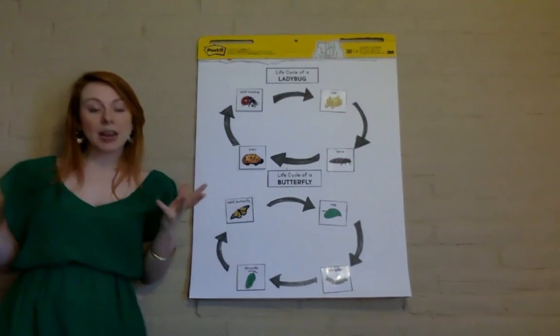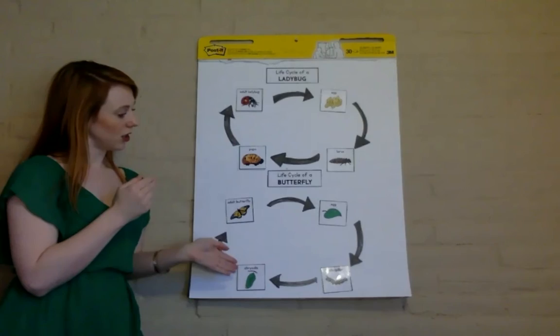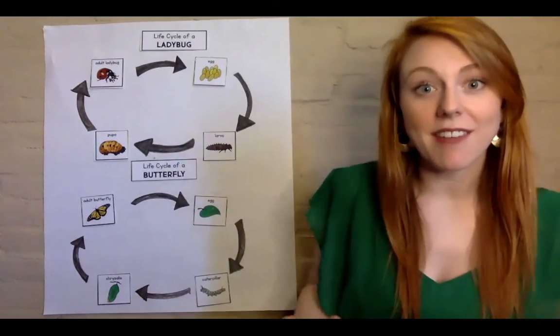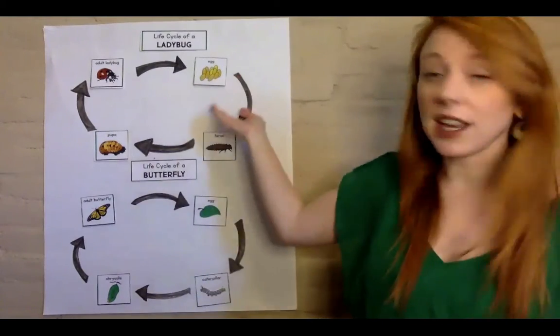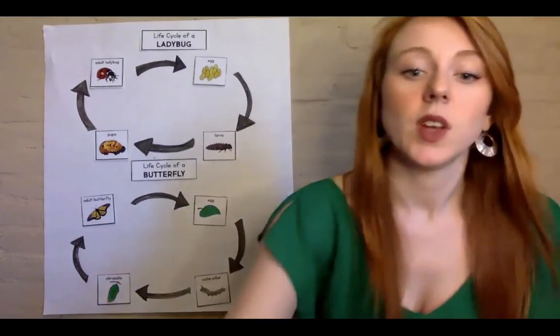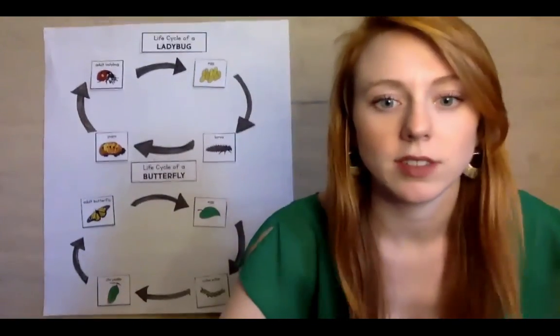So today we're going to do a Venn diagram and compare and contrast the two. So we're going to make a Venn diagram together and compare the life cycle of a ladybug and the life cycle of a butterfly. When creating a Venn diagram, you make two circles.